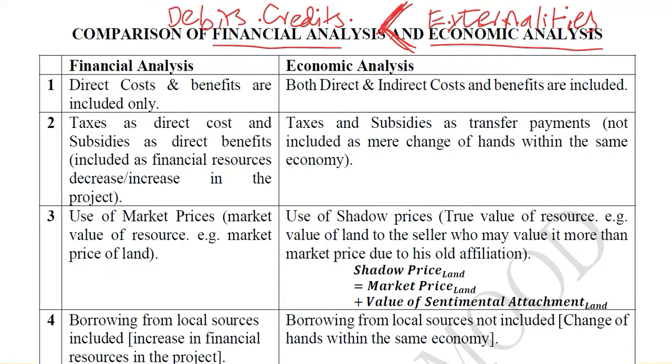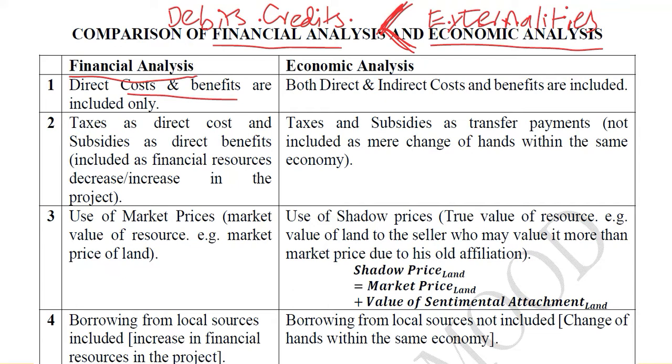Let us talk about the very first thing, and this is about the nature of the costs and benefits that are included in the financial analysis. As you remember, in the financial analysis, the approach is limited to the project itself. If a project is treated as a firm, then the benefits and the costs to that firm are limited to what is received and what is paid from the project.